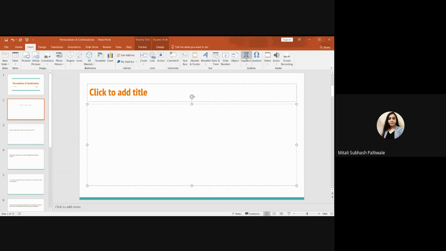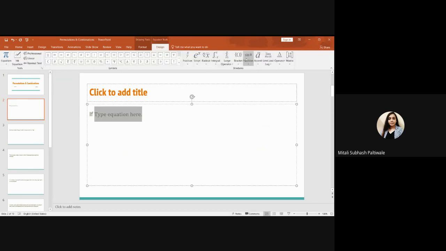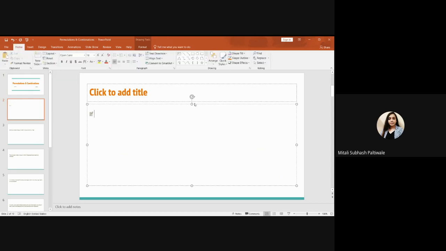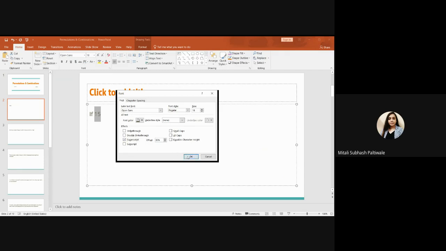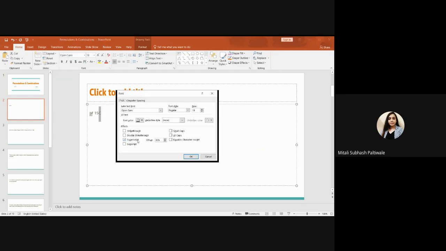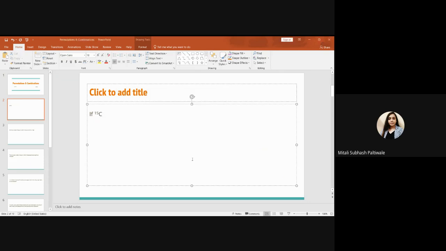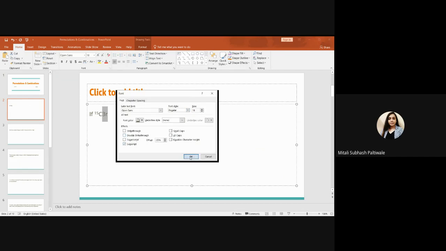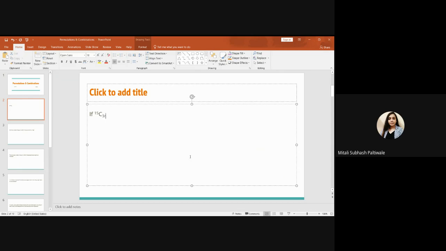The question is: if 15C3r, with C being the normal combination C, is equal to 15C(r+3).